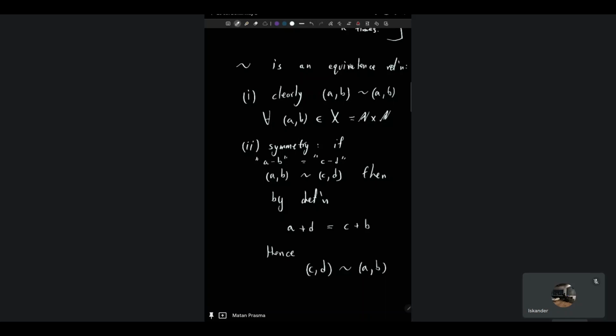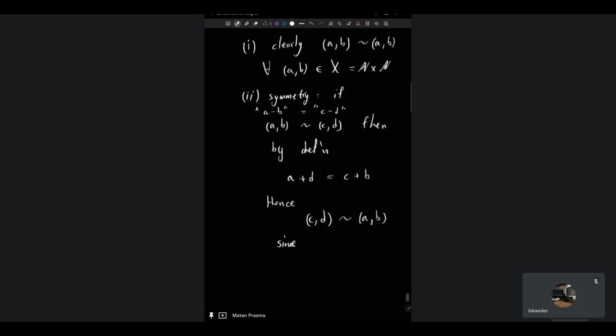I mean, C plus B is equal to A plus D. Okay, so I have symmetry and transitivity.